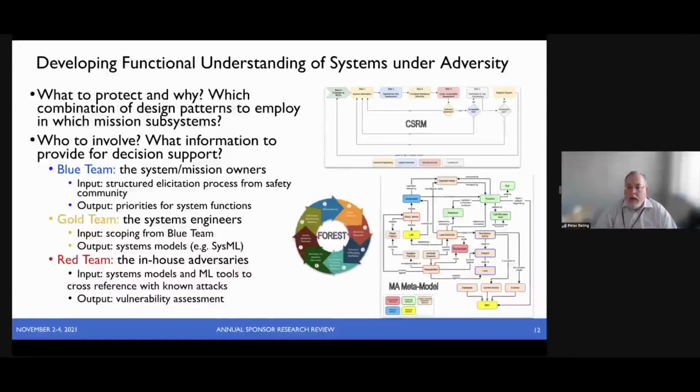This is where the systems engineers come in, and the systems engineers are in charge of doing several things. One thing is producing a model of the system, maybe as is, and models that incorporate notions of resilience. So the systems engineers are involved in the architectural scoping of potential resilient solutions.